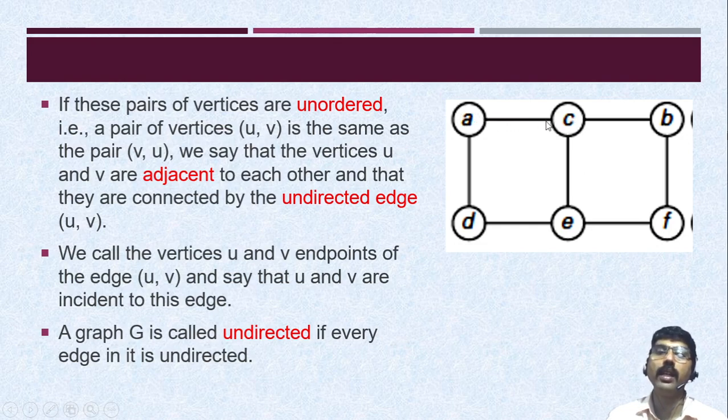So it is called an undirected edge. Now see, A and C are connected here using an undirected edge. So we can say that A and C are incident to this edge.